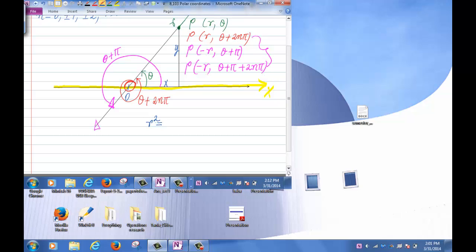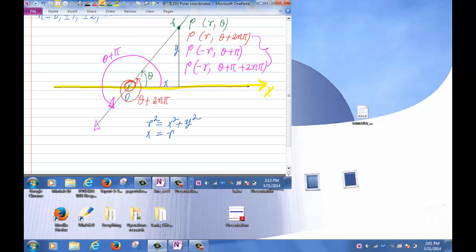And then what can I say about x? Let's use trigonometry. Adjacent over the hypotenuse is x over r, which is cosine theta, so x would be r cosine theta.